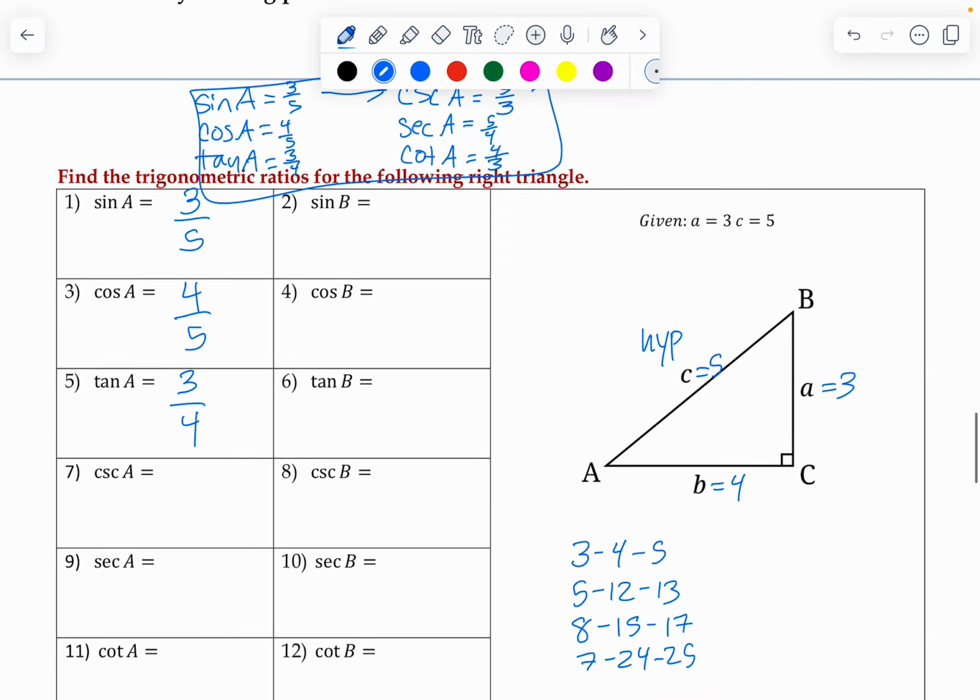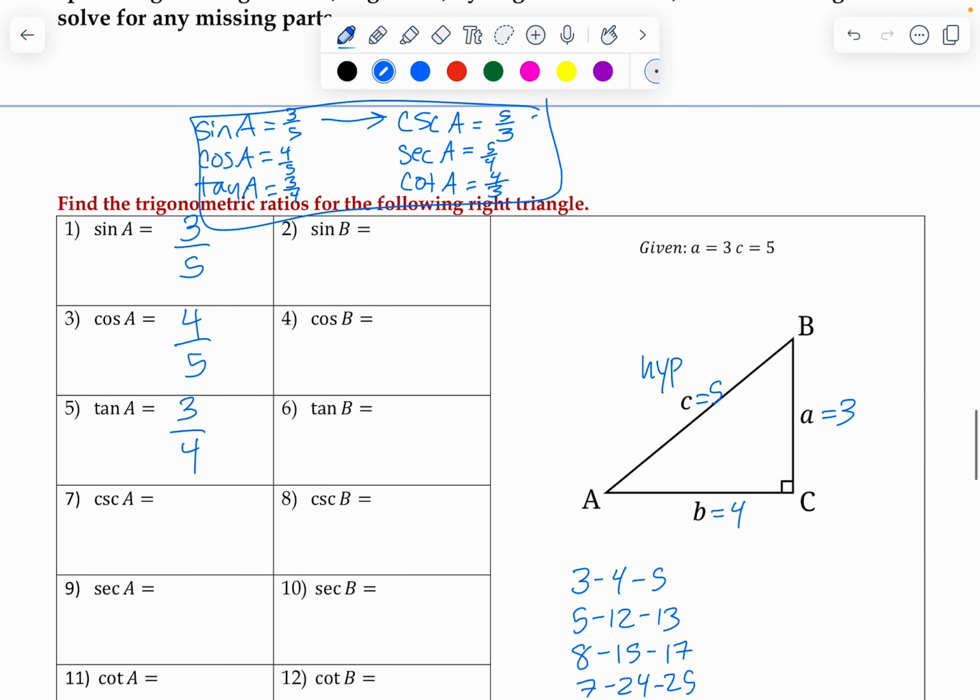Okay, so now let's do sine of B, cosine of B, and tangent of B. Say what those equal, and then sine's buddy is cosecant of B, cosine's buddy is secant, and tangent's buddy is cotangent, and we're going to set them up next to their buddy.